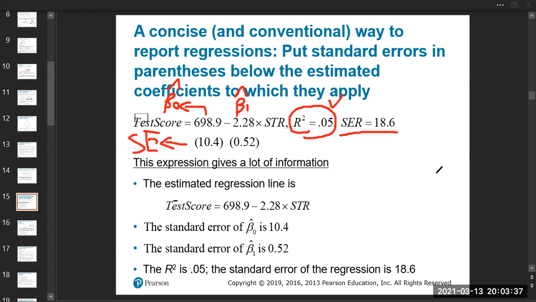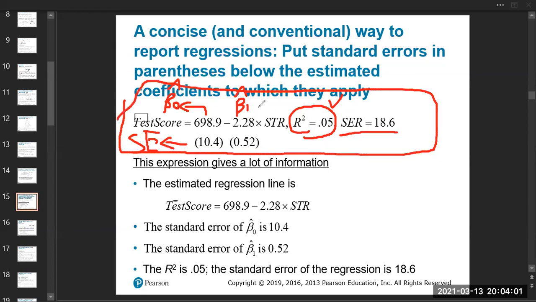Is standard error always positive? Yes, because standard error is kind of like standard deviation. It estimates how spread out your distribution is, so it is always positive. This expression gives a lot of information, and every time you see this, you should know what each number means.